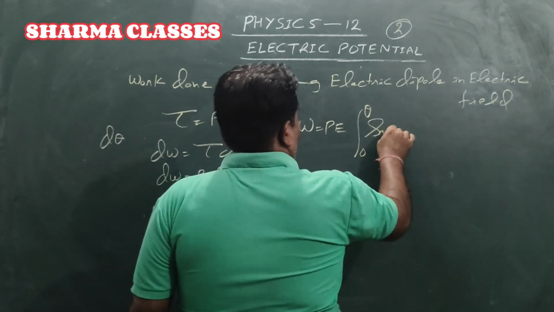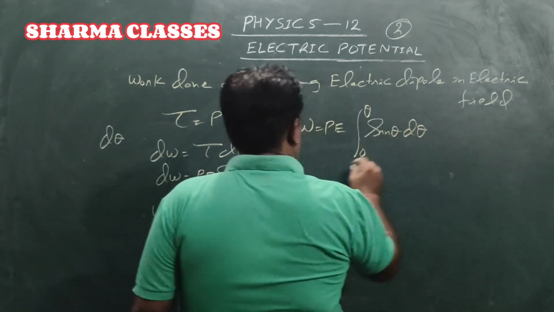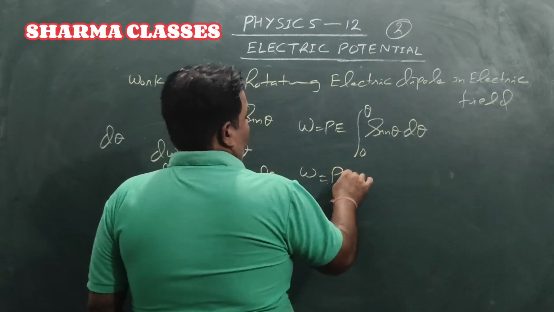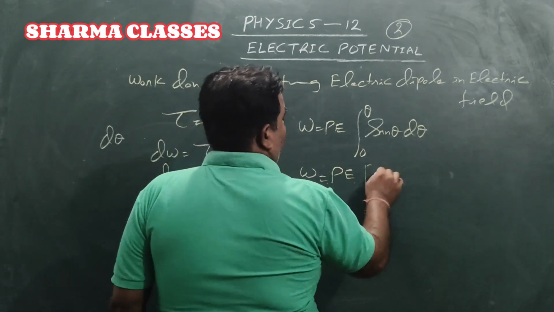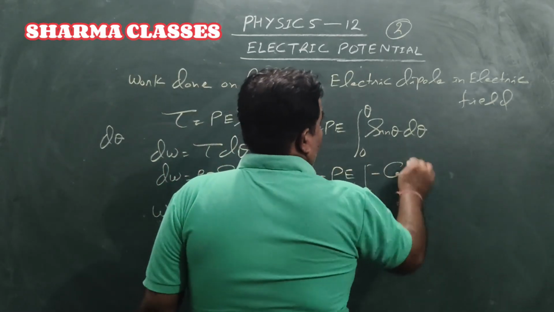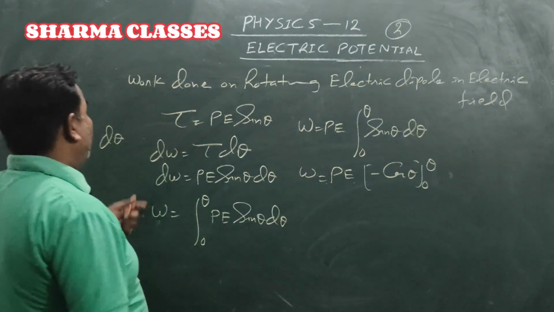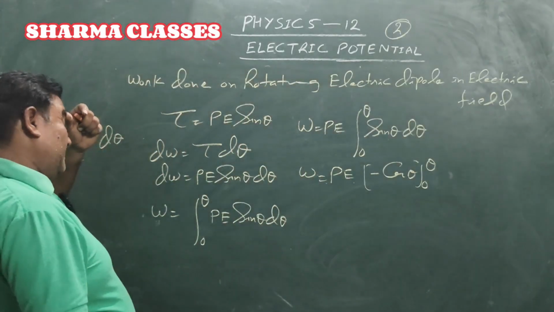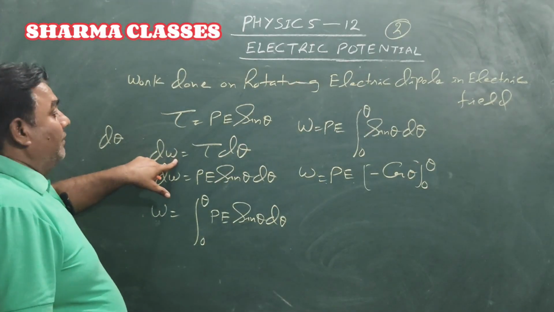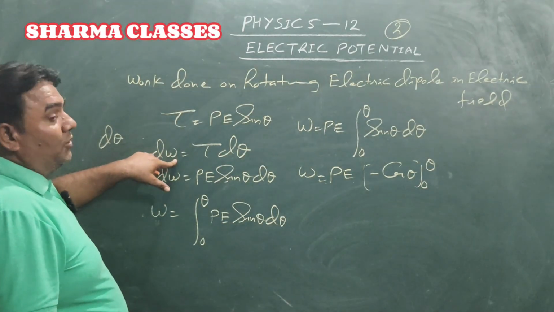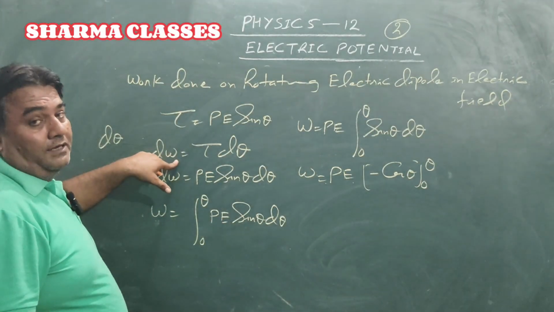The integral of sin theta is minus cos theta, from 0 to theta limit. This is the formula of work done on rotating any body, which you read in the rotating motion class in first year.